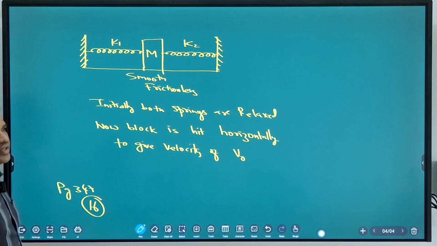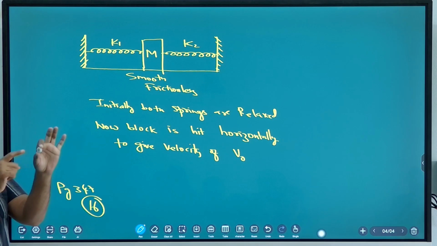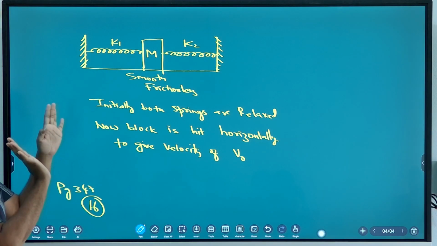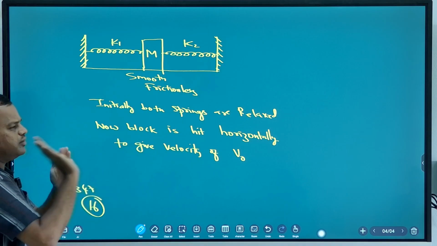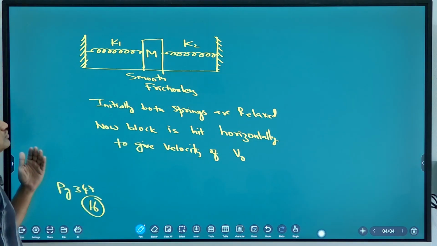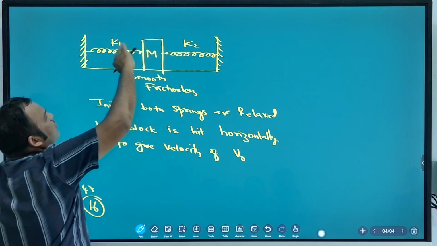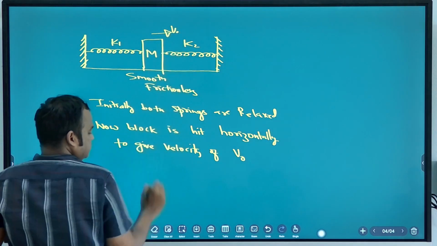Suppose you want to give velocity to some object, you have to hit it. For example, this object: what is the velocity right now? Zero. Now I will hit it like this. So what have I given? Velocity. So you hit the block like this, giving it velocity v naught.